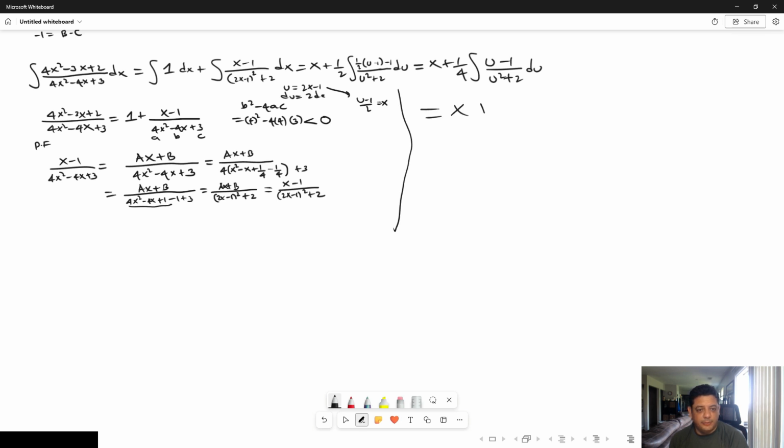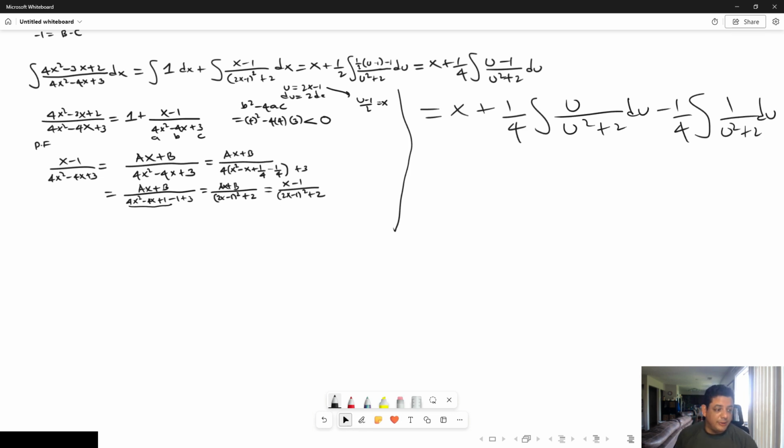This will be x plus 1 over 4, and it's much easier to separate this into two pieces: u over u squared plus 2, that I can do with a substitution, and then this minus 1 over 4 times 1 over u squared plus 2, that I can do also with a trig substitution. And by the trig substitution, of course I'm talking about tangent. Notice that this is very close to tangent to the minus 1.